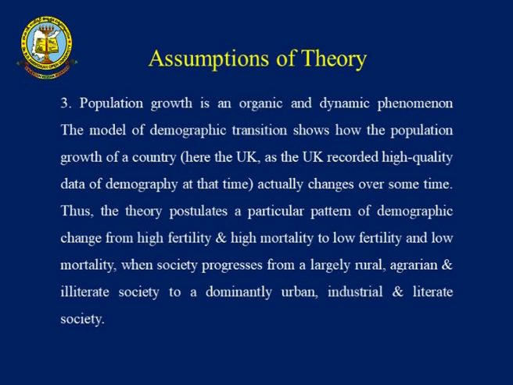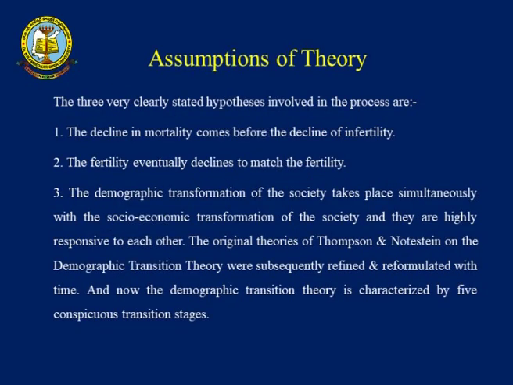Thus, the theory postulates a particular pattern of demographic change from high fertility and high mortality to low fertility and low mortality, when society progresses from a largely rural agrarian and illiterate society to a dominant urban industrial and literate society. Three clearly stated hypotheses are involved in the process.